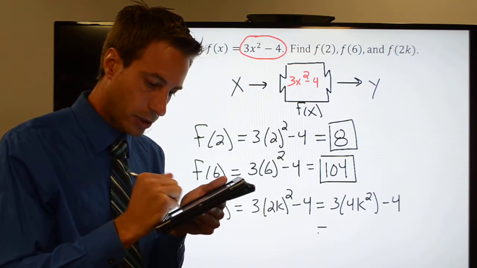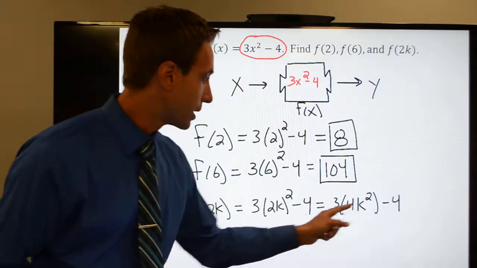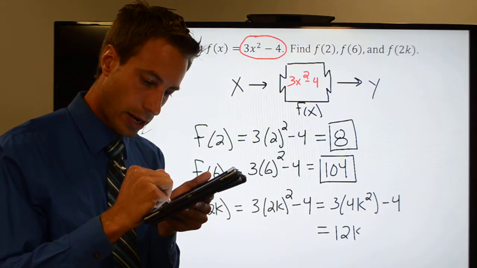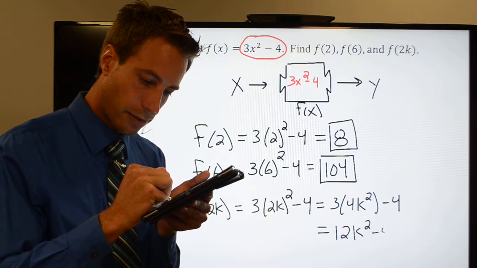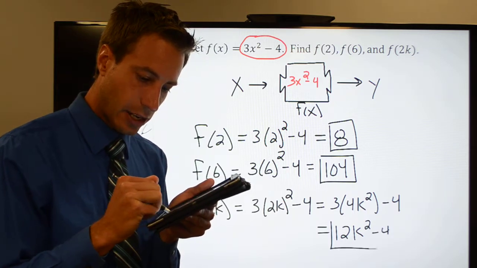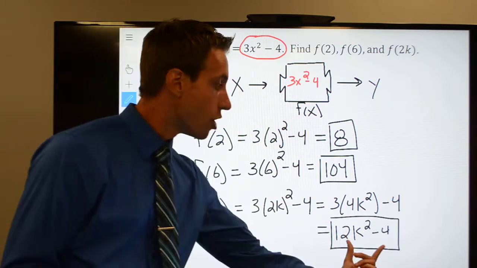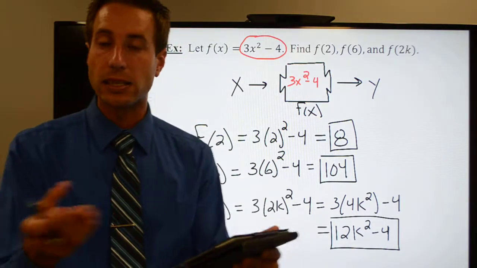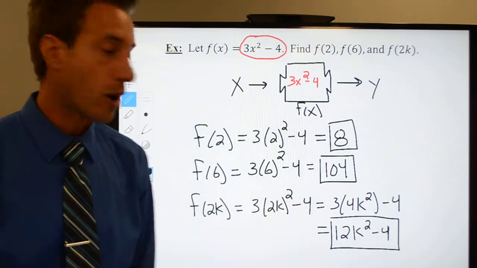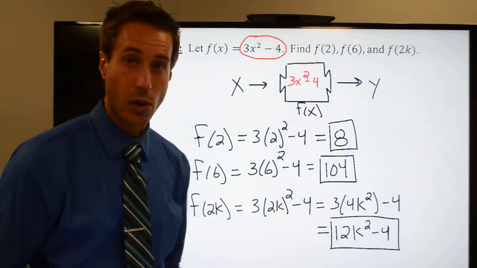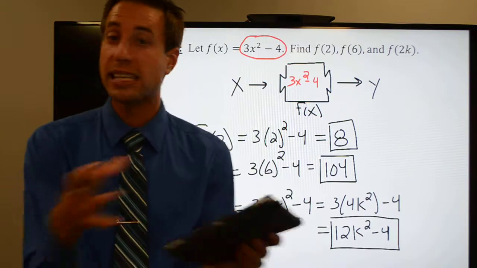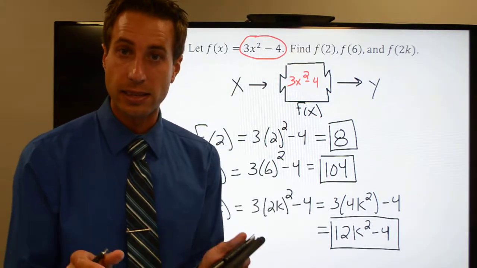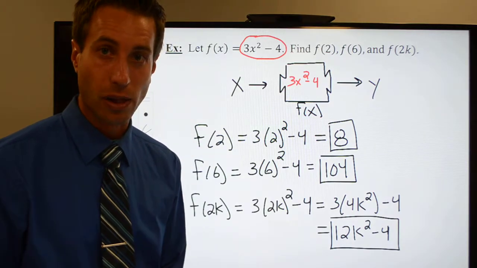Now I'm going to multiply that by 3. So 3 times 4 would be 12. 12k squared minus 4. That's as far as I can go because these are not like terms, and I don't have anything else to add, subtract, multiply, or divide, so I have gone as far as I can possibly go. And that's your answer. I realize it's not a number, but that's okay. It still has a variable in it. This is algebra. That's going to happen a lot.